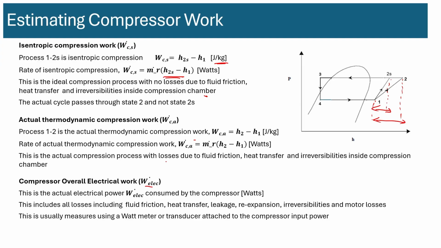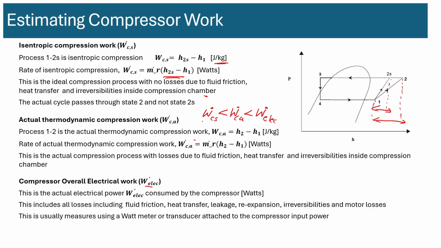Now, what's the difference between these three works? The isentropic compression work will typically be the lowest. The actual work will be a little bit more, and the real electric power will be a little bit more than that.